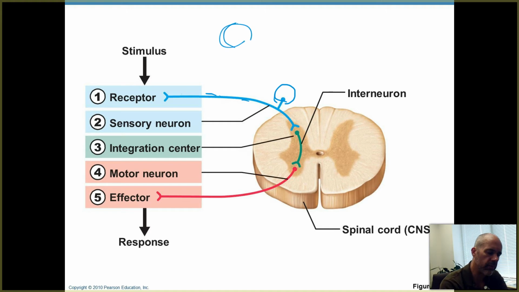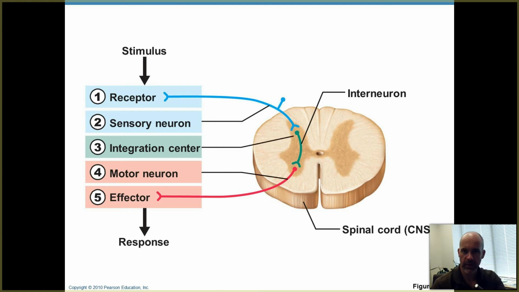And on the end where you see those little V's, those are the secretory ends of the axon where neurotransmitters are being released. So that's typically what you'll see in these neuron networking diagrams.